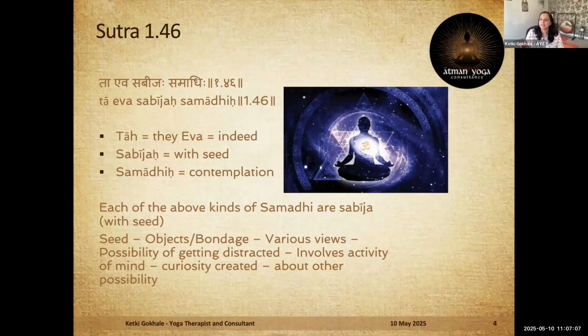Because of this, there is still the possibility of distraction. It involves the activity of mind. Even if it is channelized in one direction, there are still chances of getting distracted. So till this point, what Patanjali is saying is that even to reach this stage is not easy. It takes years and years of practice, or birth after birth practice.